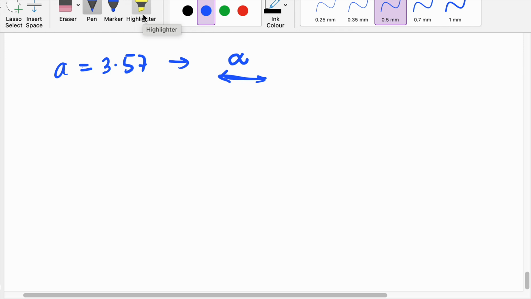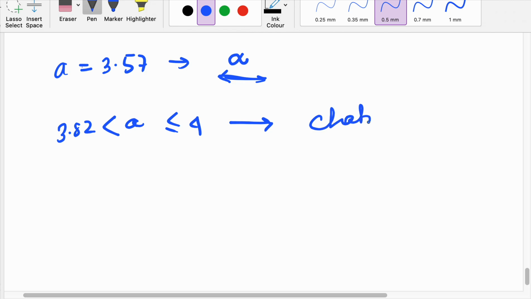Now if I increase further, after some point the 3 periodic orbit will come, and in this range, a greater than 3.82, a less than or equal to 4, this regime is called the chaotic regime. So here you will find all types of orbits, and in between some chaotic regime.